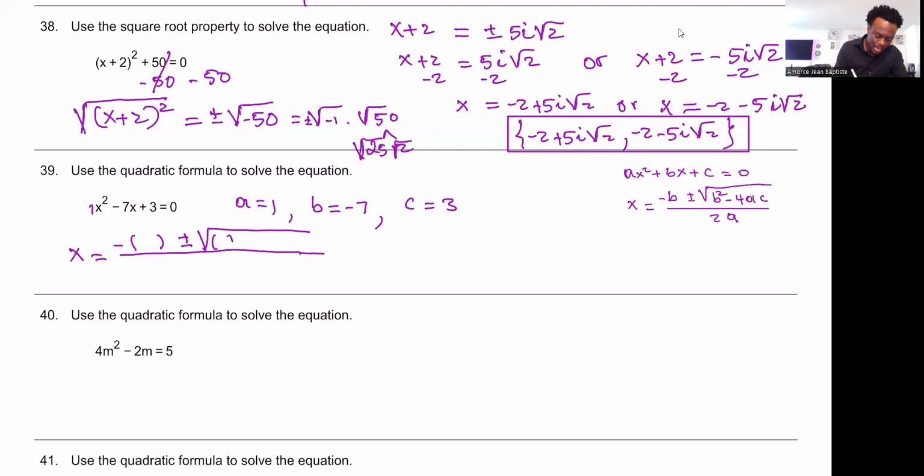So I know that I need to square something, that will be the b value, plus or minus 4 times one value, that is the a value, and then times another value that's going to be the constant. And then on the denominator, I multiply 2 and the value of a.